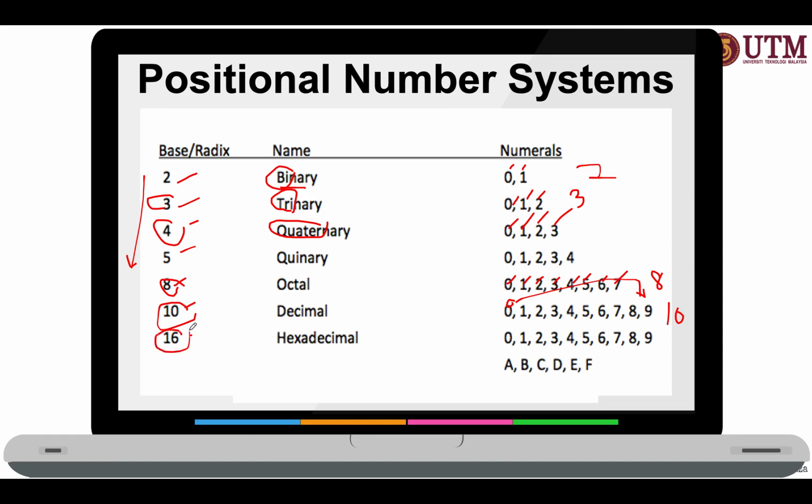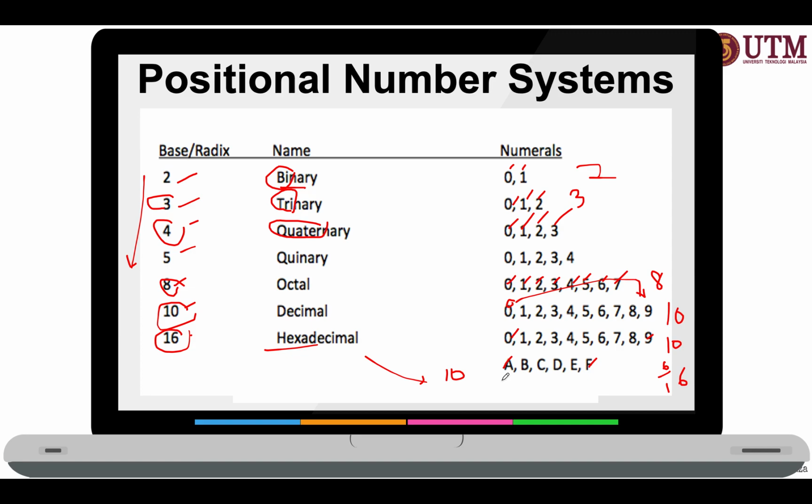And also 16, which we call hexadecimal. We have 0 until 9, which is 10 digits, and then A until F, which is 6, for a total of 16. So why is it A, B until F? Because of course we cannot use 10 and above as a single digit in a hexadecimal number.